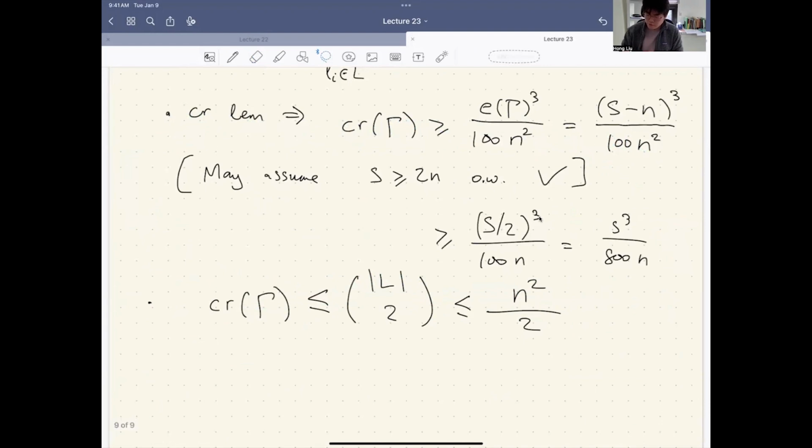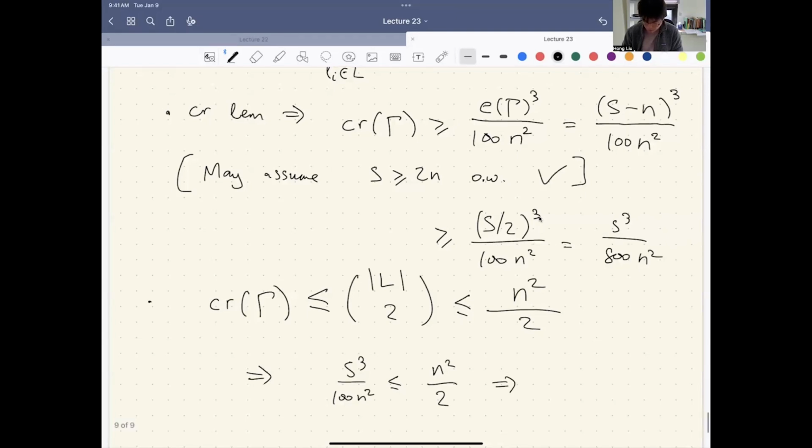So we have now this guy is almost this guy, implying S cubed over 100n is at most n squared over 2. There's a square here. So 50, and okay, that's it. Any question?